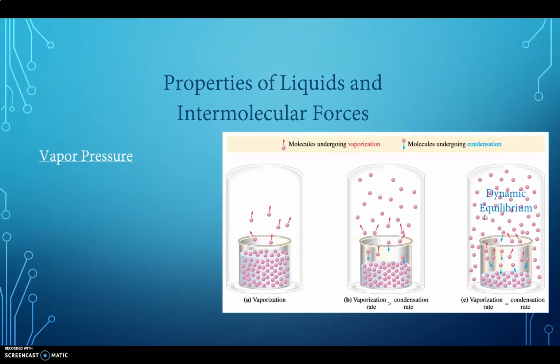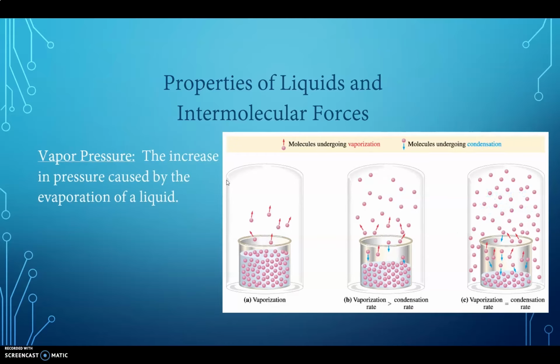Equilibrium means balance, and so we have a balance between vaporization and condensation. The word dynamic simply means things are changing. So dynamic equilibrium basically means that there's two changes occurring, but they're happening in opposite directions at equal rates.